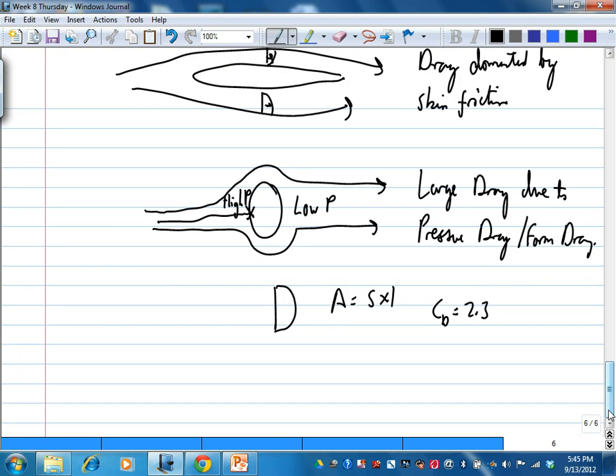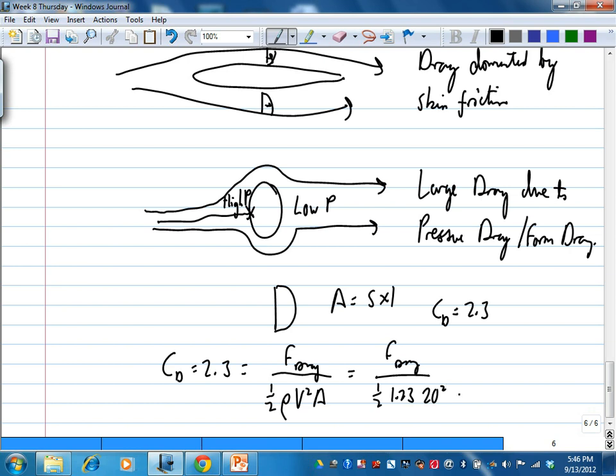All right, let's look at the force generated, just for argument's sake, just to show that it's a very big number. CD is equal to 2.3, which is equal to F drag over half rho V squared A. So F drag is the same problem like just now: half times 1.23 times 20 squared times area 5.